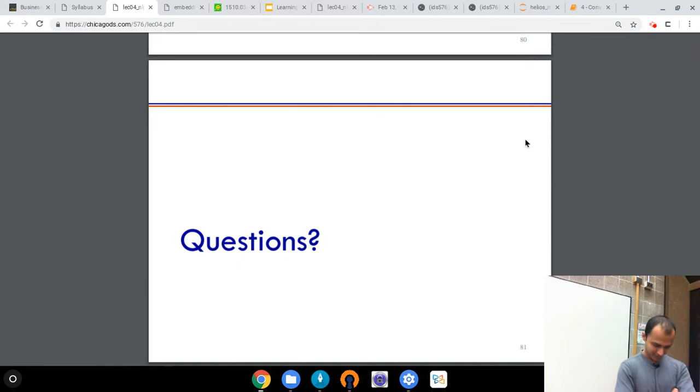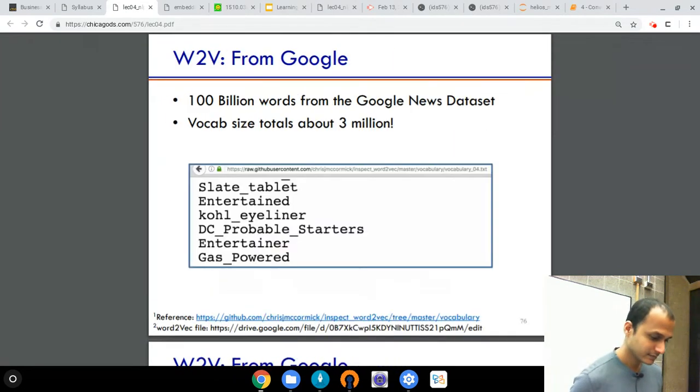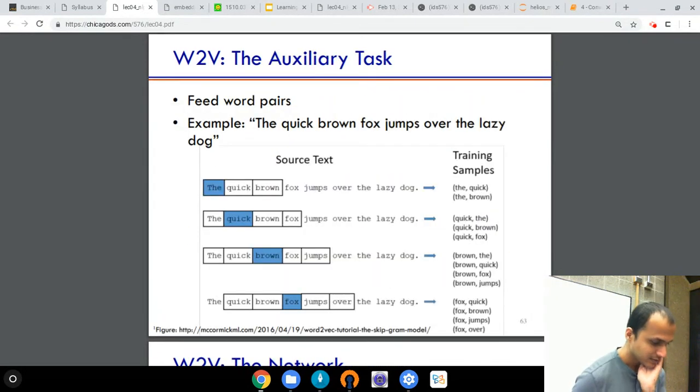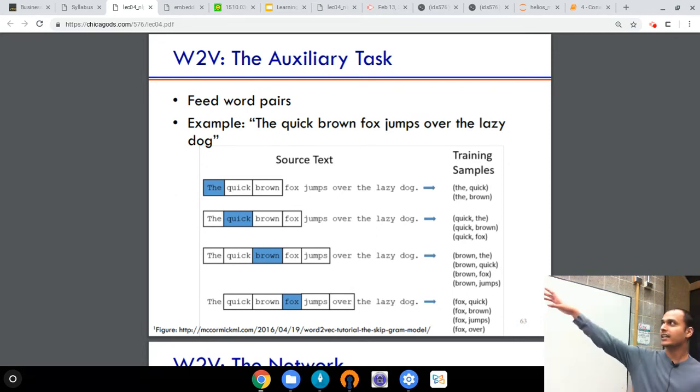Going to that example of the quick brown fox sentence, we are actually trying to find the relation between each word and each other word in the vocabulary. Yeah. So my input is the, and I should predict quick and brown the highest.